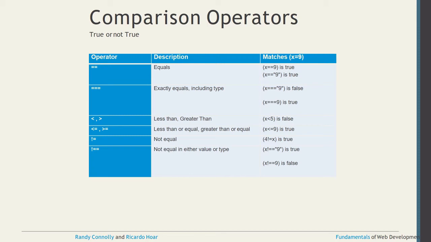In the same way, triple equal is called exact equals, including the data types also. Whenever I talk about only the double equal, it is checking only the value. But if you write triple equal, it will check equality including the data type. If one is a number and the other is a string, then the statement will come out false.